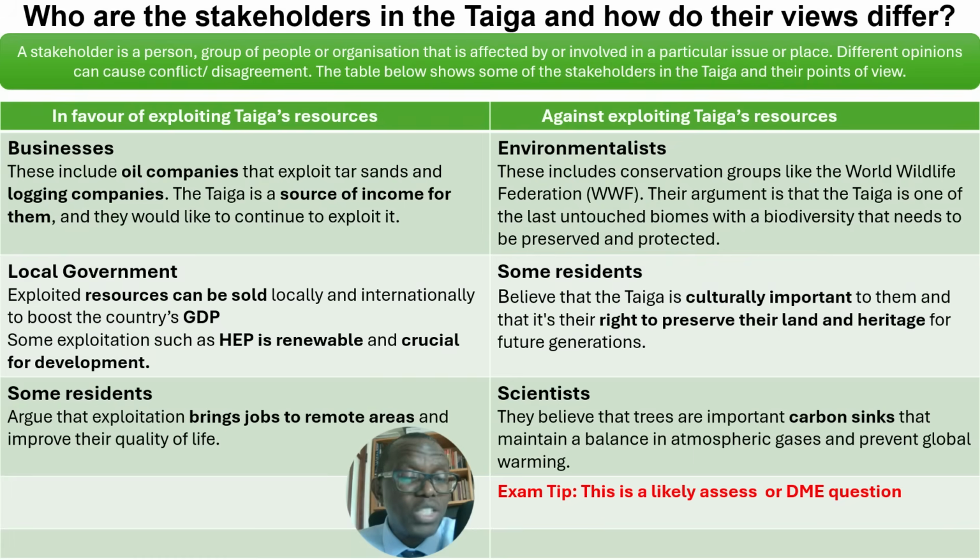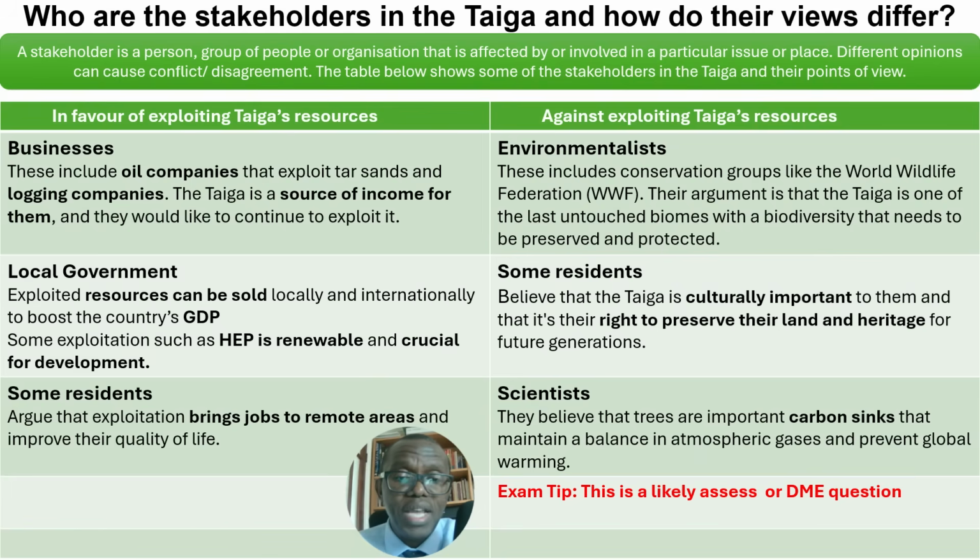That's one argument that the local governments use, that HEP, hydroelectric power, is renewable, so it's a good way of producing electricity and is needed for development. Then we have residents as well. Some of the residents are in favor of the exploitation of the taiga's resources, especially the ones who have benefited from jobs in those very remote areas, and those jobs are helping them to earn some money and to improve their quality of life or standard of living.